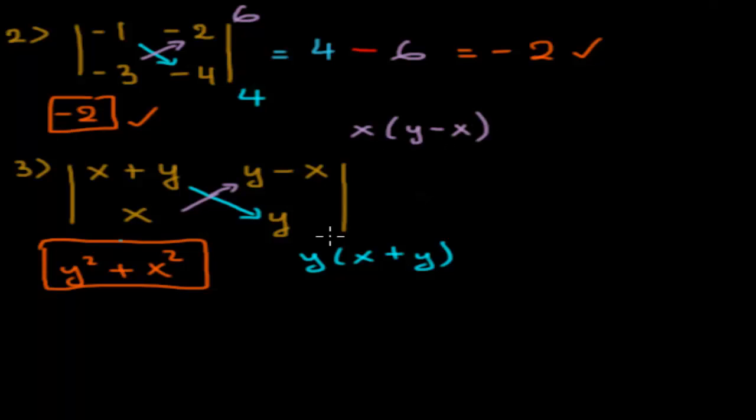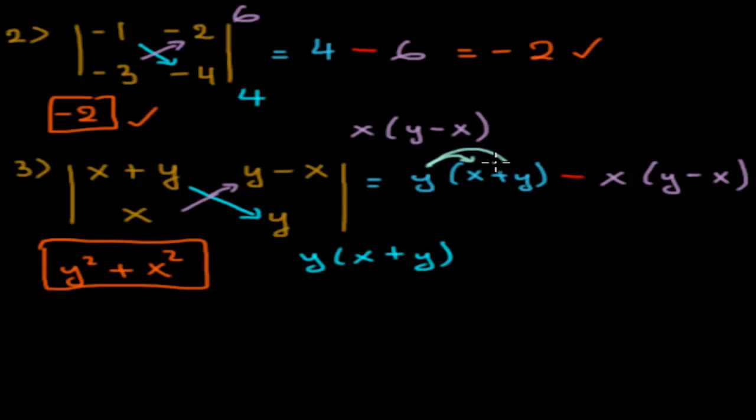Then we have bottom subtract top, so y times (x plus y) minus x times (y minus x). Then we're going to simplify this by distributing y and also distributing -x.